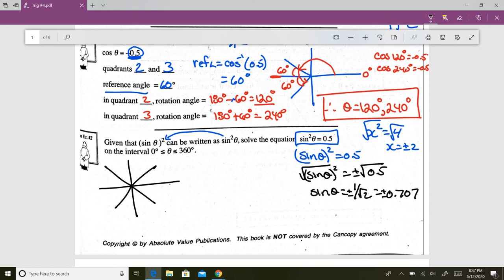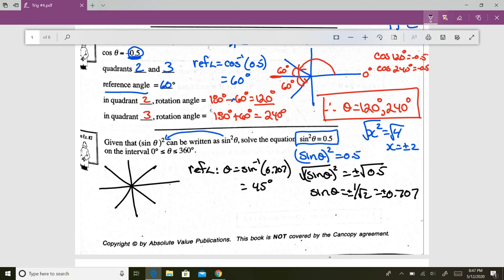That means we're going to have 4 answers for this one. Then you have to find the reference angle, which remember, that's when you do sine to the minus 1 of 0.707. Remember, we don't take the negative sign, it's always positive. And if you put that in your calculator, you should get 45 degrees.